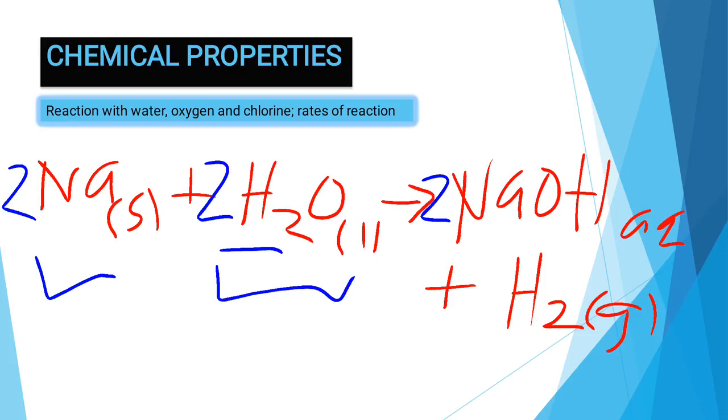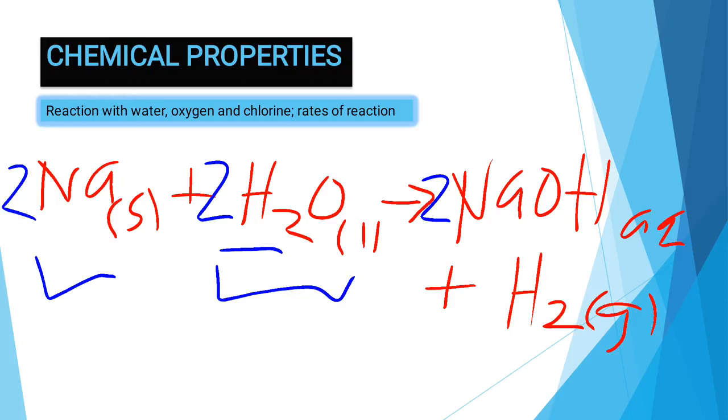It darts on the surface and melts into a silvery ball. The reason it darts on the surface is that it is less dense than water, therefore it does not sink. Number two, there is a hissing sound that is heard. The hissing sound is a result of the hydrogen gas that is being produced. And then, finally, we have the sodium metal itself melting into a silvery ball. It melts because the reaction is very exothermic.